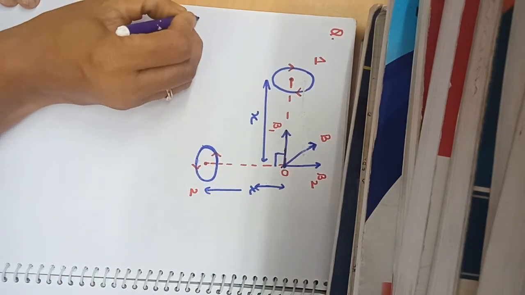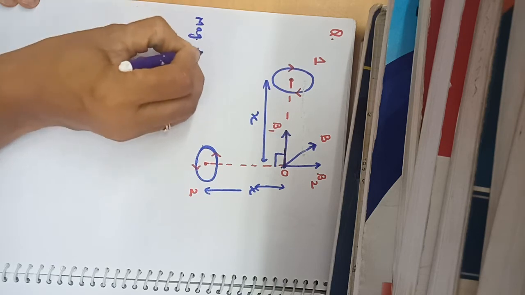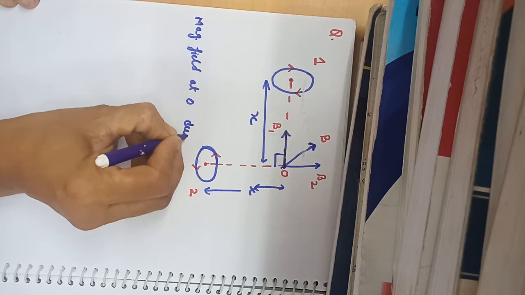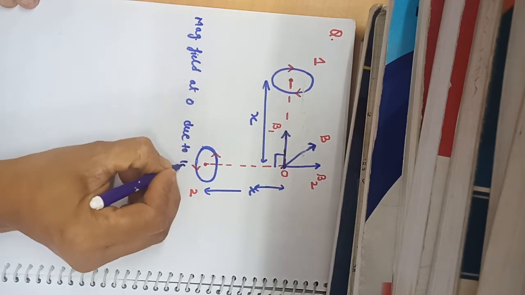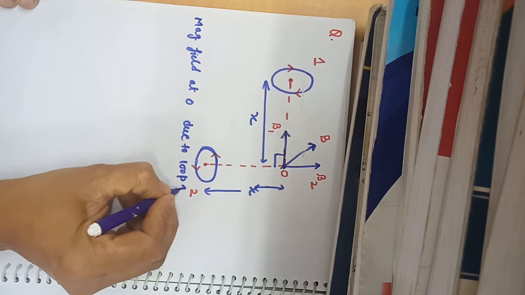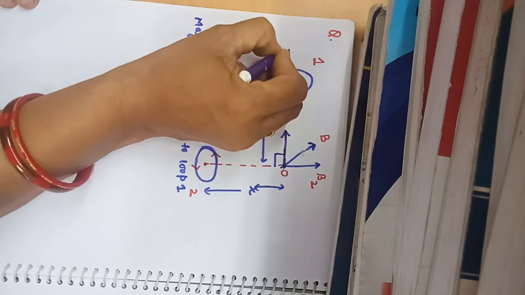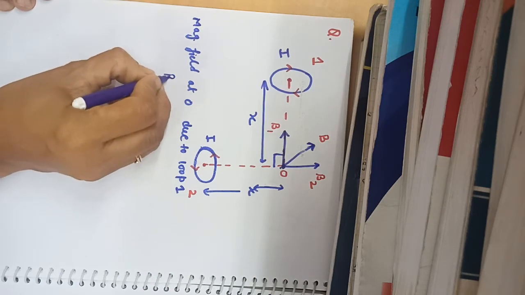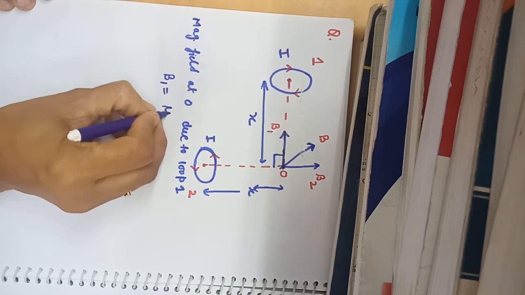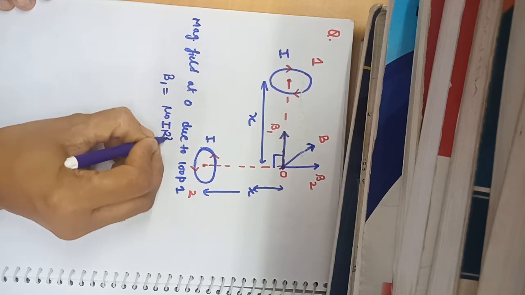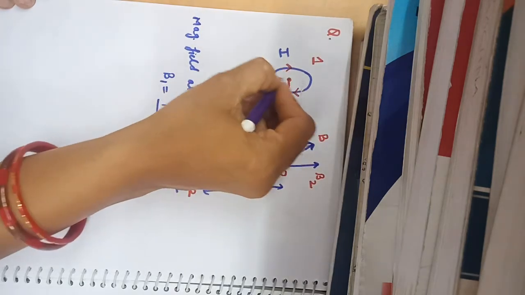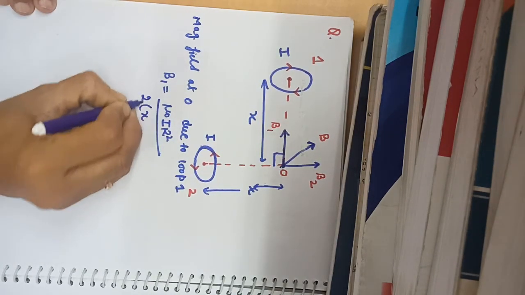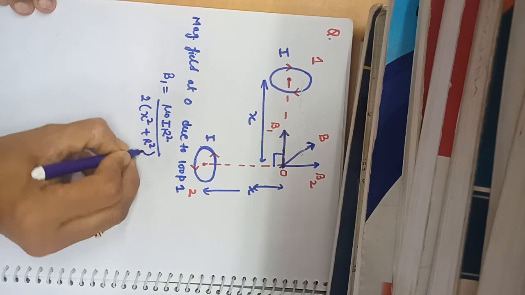So the magnetic field at O due to loop 1, and the same current is flowing in both the circles. So B1 is equal to mu naught I r square, where r is the radius of this circle, over twice of x square plus r square to the power 3 by 2.